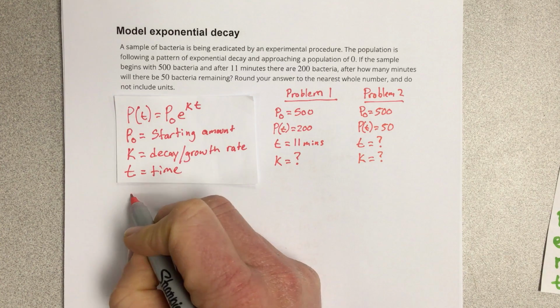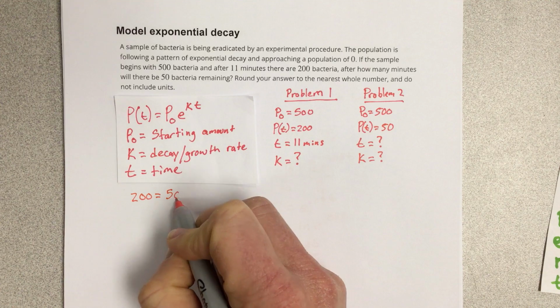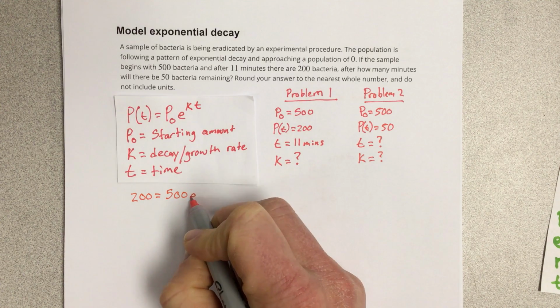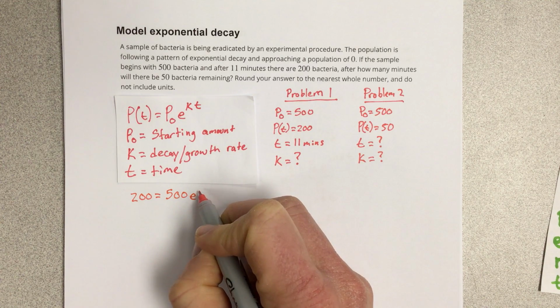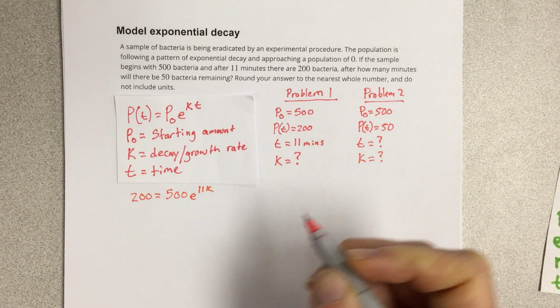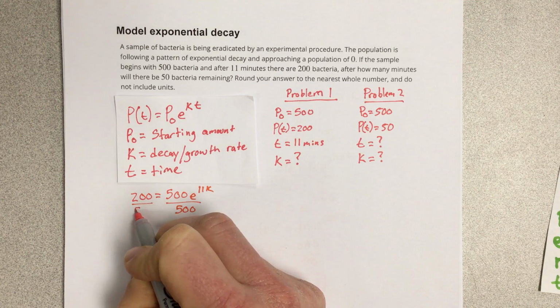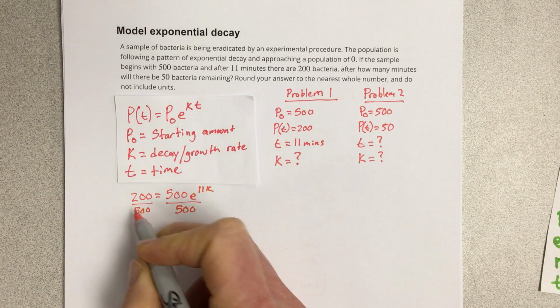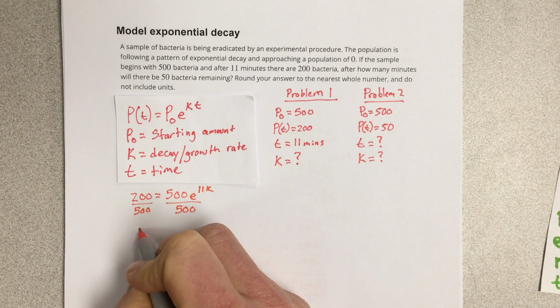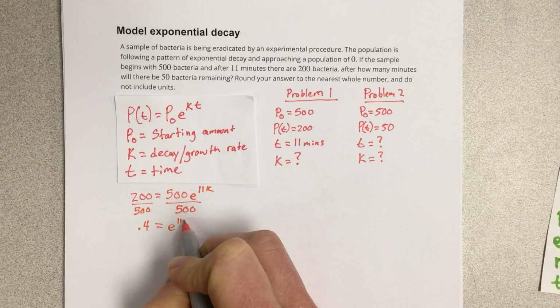We'll write down 200 equals 500 e to the kt, so that'd be 11k. We're going to divide by 500 to start. And that'll be 0.4 equals e to the 11k.